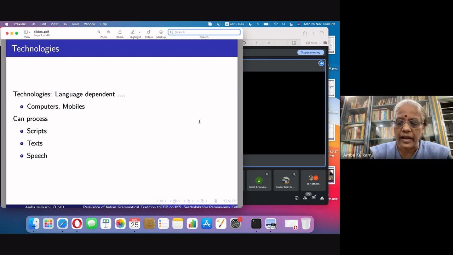So suppose I write something in, say, Marathi, you should be able to translate it into Tamil, not just Tamil script, but even into the Tamil language. Or if I speak in Marathi, it should be possible in the next few years to listen to it in Tamil.